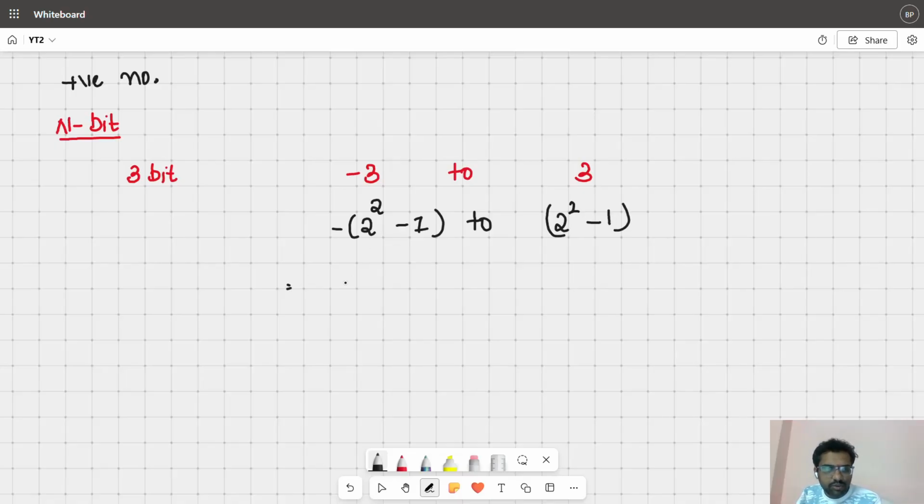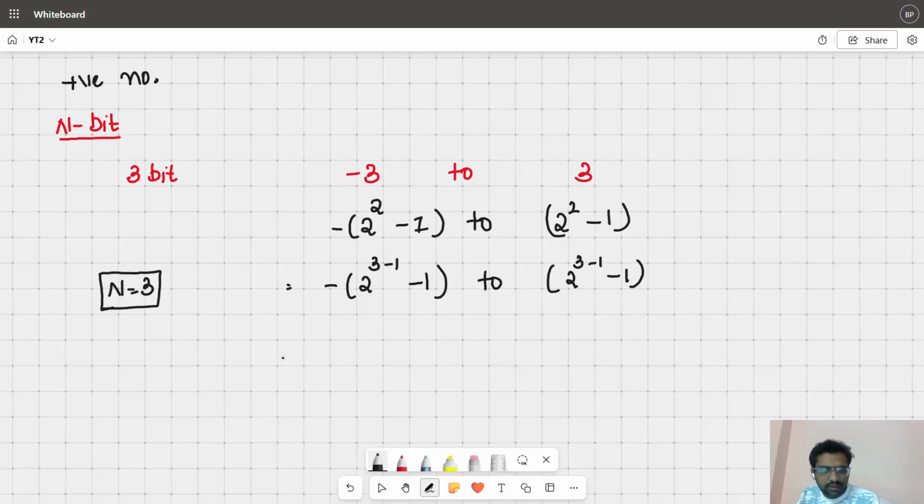And similarly here 2 power 3 minus 1 minus 1 would be the bound, replacing n with 3 because we had n equals 3.